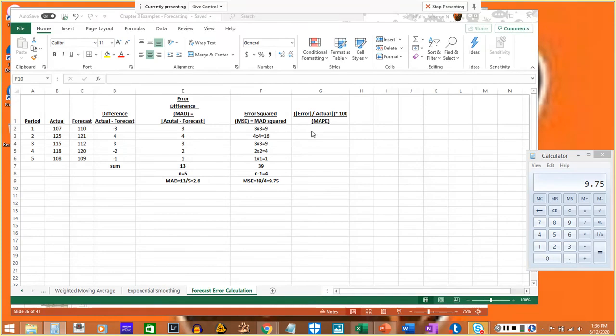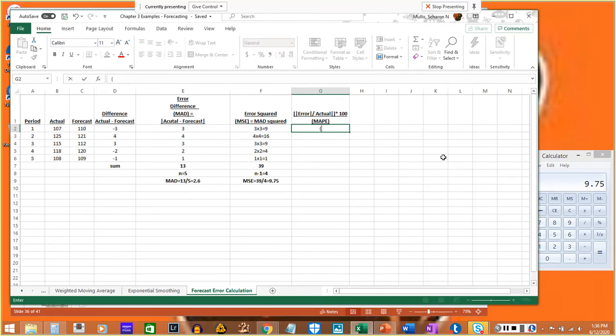To find the mean absolute percent error, you take your deviation for the period, divide that by the actual number, and then multiply all of that by 100.